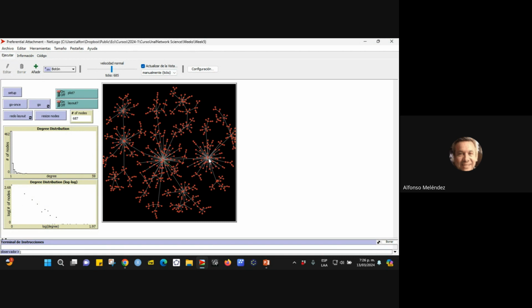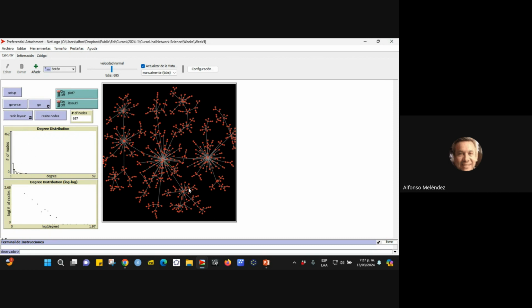It's clear, the stars. These stars are hubs. The degrees of these nodes are very, very big compared to the others. Look at the distribution, what you see in the video. Look here. A lot of nodes with low degree, all these in the border, are here in this bar.